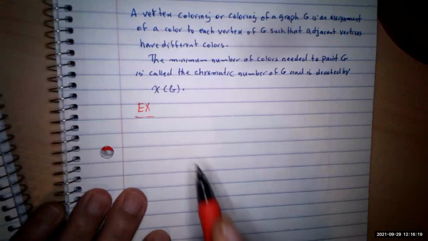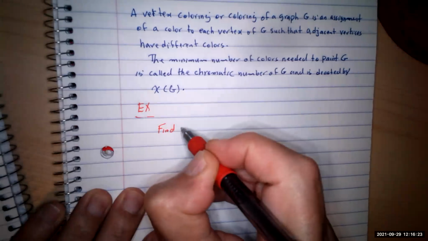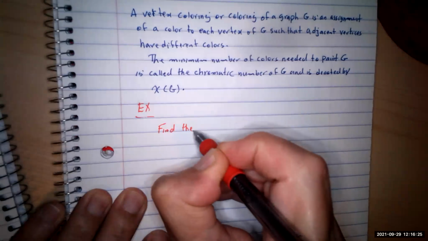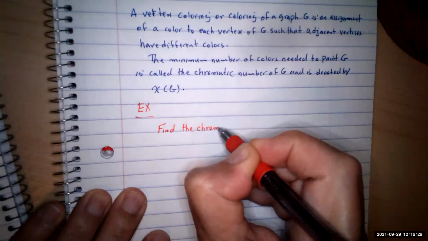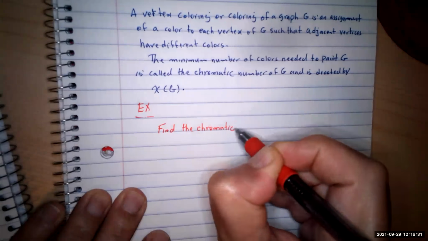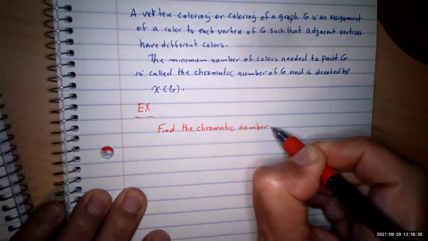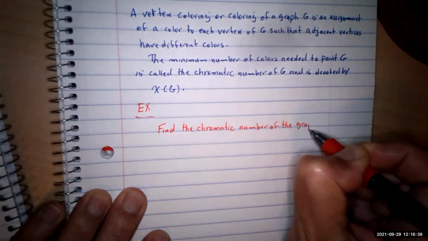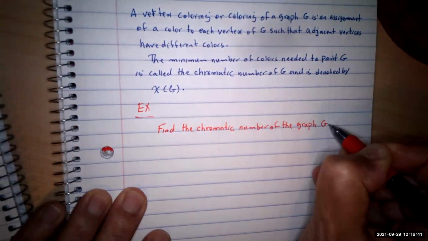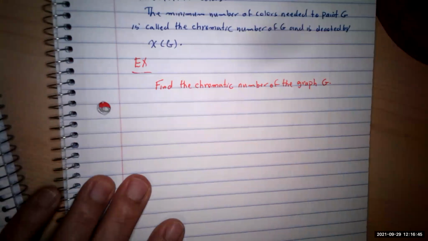Example: we want to find the chromatic or coloring number of the graph G. So we give you the graph and you just tell us.